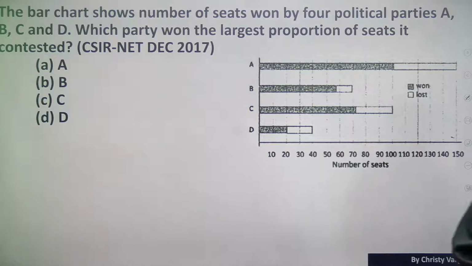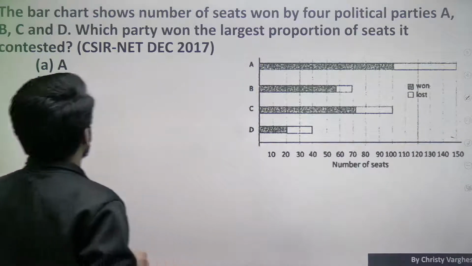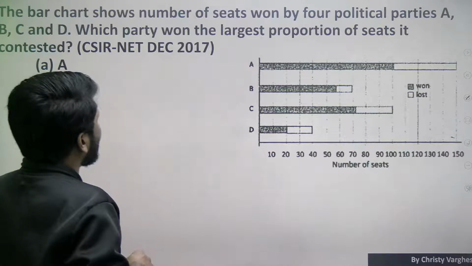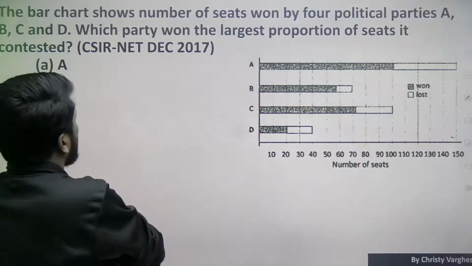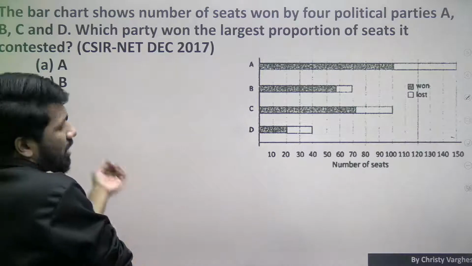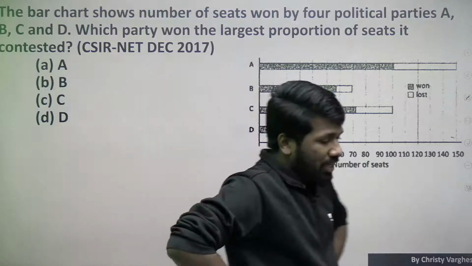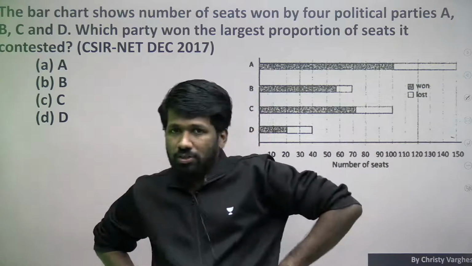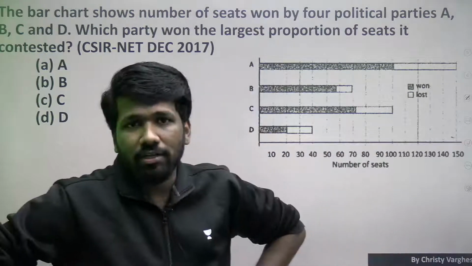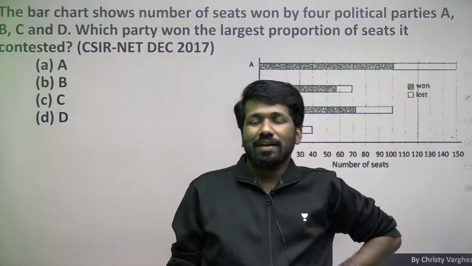So the question is asking, the bar chart shows the number of seats won by 4 political parties A, B, C and D. Which party won the largest proportion of seats it contested? That means the largest winning percentage. Think about a sports team captain, like Rohit Sharma's captaincy or Virat Kohli's captaincy.